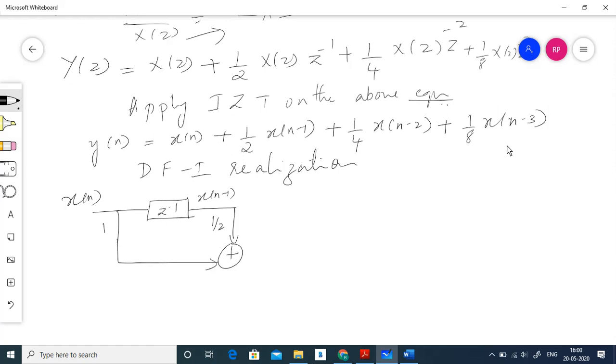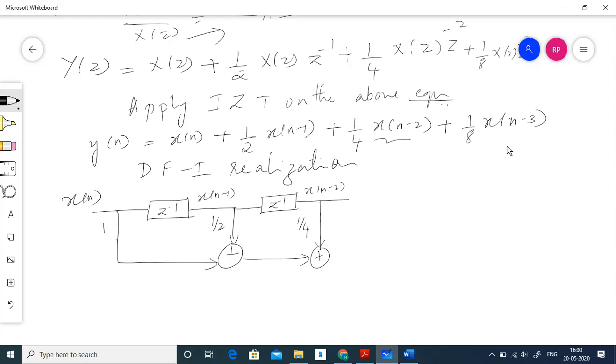Now I want to get this term, right? I should first get x of n minus 2. How to get x of n minus 2? I should insert one more delay element so that you will get x of n minus 2. I multiply the constant, which is 1 by 4. I should add that with the previous terms. So I should insert an adder block and then add them together. Similarly, get the next term.